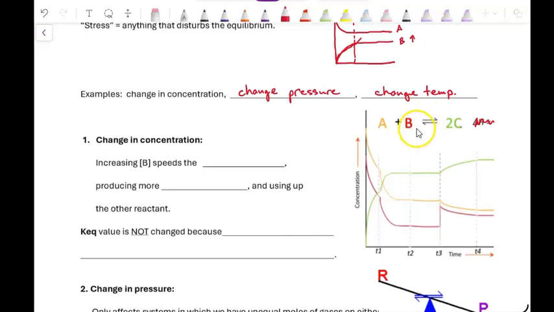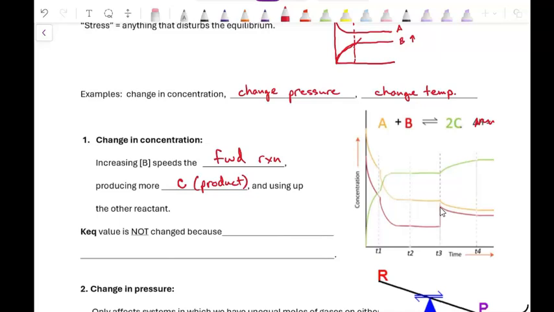Right? So hopefully you would say the forward direction, because B is a reactant of the forward direction, right? So increasing concentration of B speeds up the forward reaction, producing more products, or in this case C, I'll just say both here, and using up the other reactant. So if we look at the graph, what's happening? Well, B went way up because we artificially sort of added more B to the container, right?